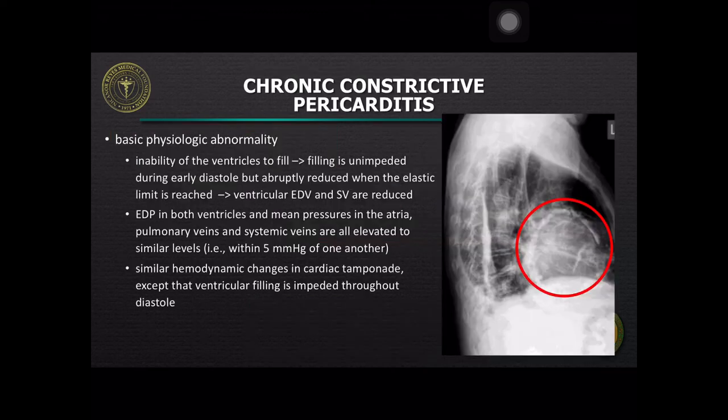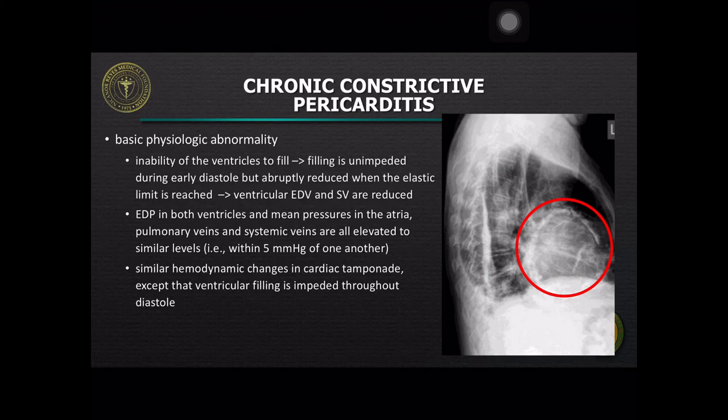The basic physiologic abnormality is the inability of the ventricles to fill. Filling is unimpeded during early diastole but abruptly reduced when the elastic limit is reached. The ventricular end-diastolic volume and stroke volume are subsequently reduced.